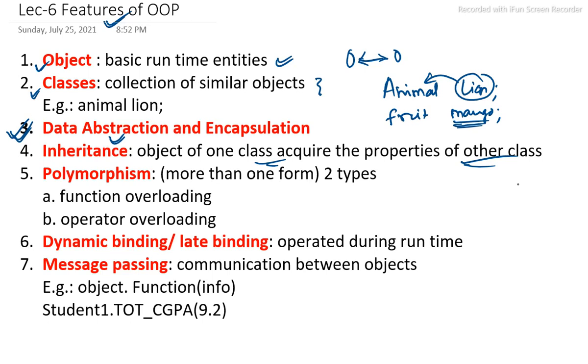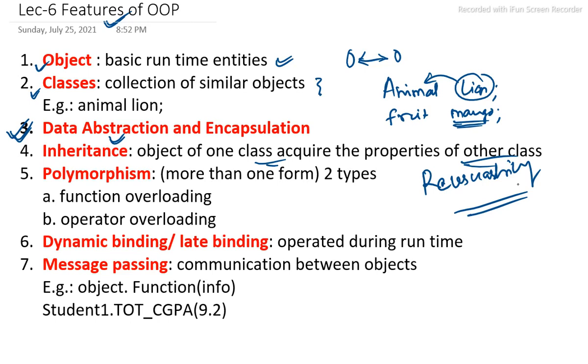The most important advantage of inheritance is reusability. Reusability means that without altering the original features or details of a class, other information can be added, and that information can be reused.